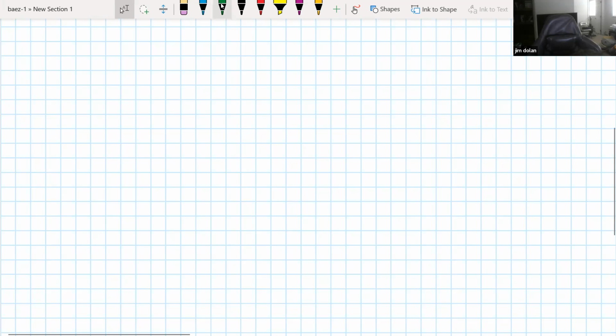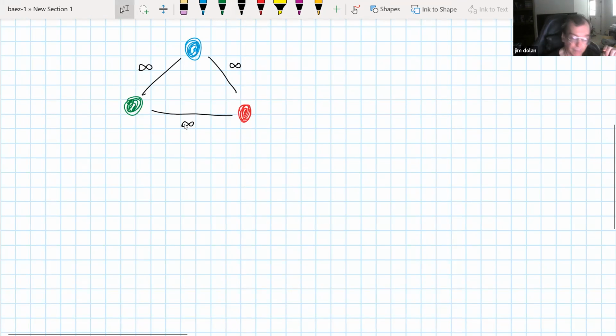So we've got one that looks like this. It's very equilateral, with infinity on each label. That means the Coxeter reflection group is just free on 3 involutions.